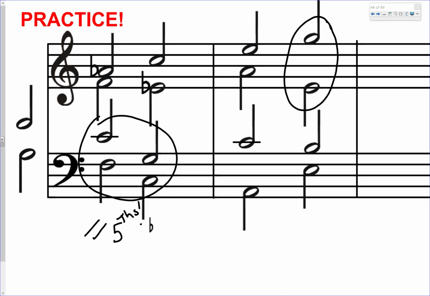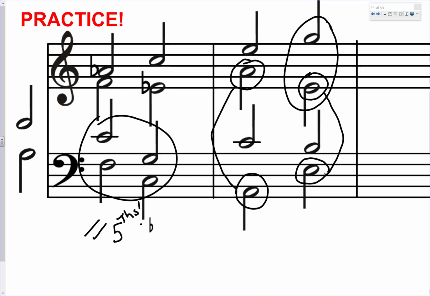And I'm going to show you where the parallel octaves are. Right here, the A that the altos are singing with the A with the bass, and then in the same voice, the altos sing an E, and the bass sings an E.